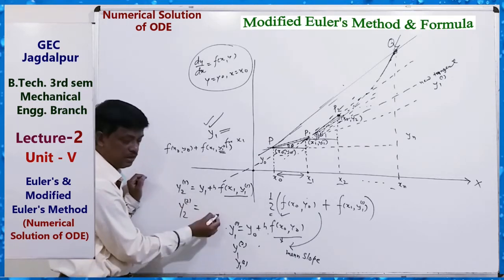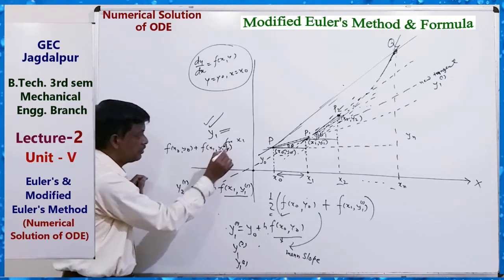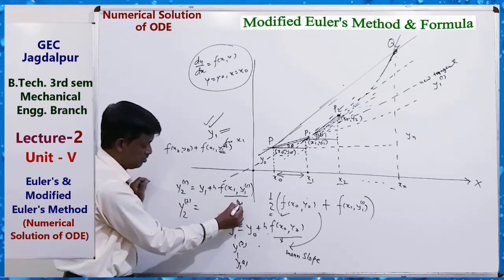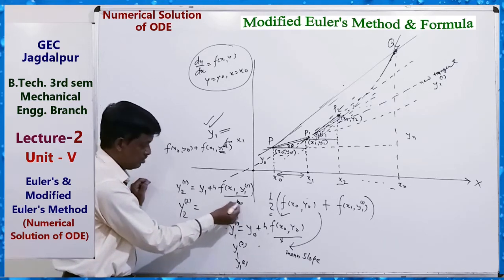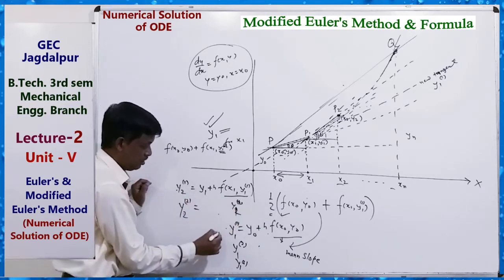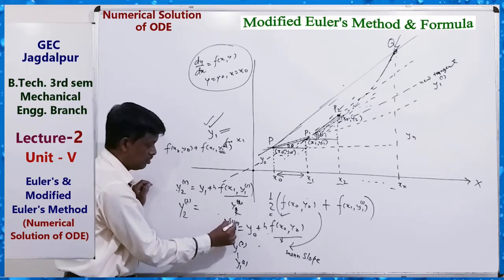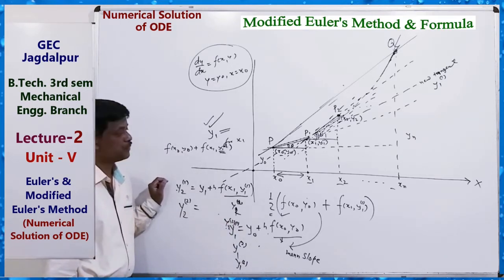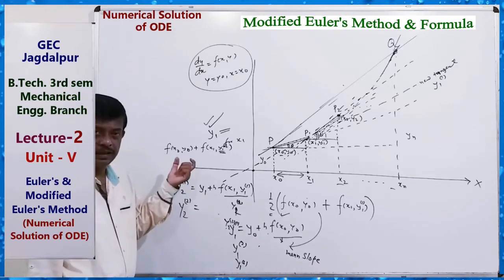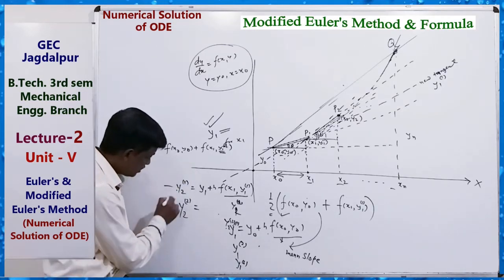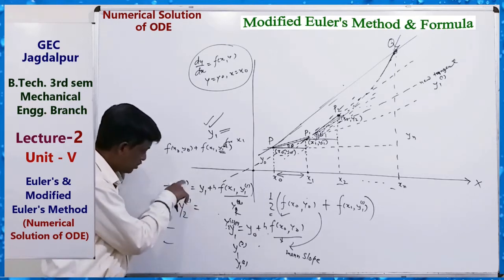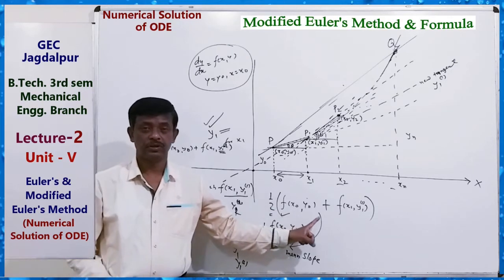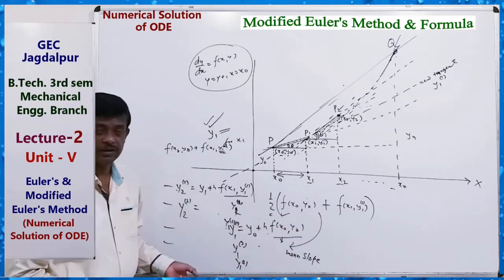For the second approximation, y2(1) and then y2(2) and so on. We can get the first, second, third approximations for y2 by taking the average of slopes one by one.